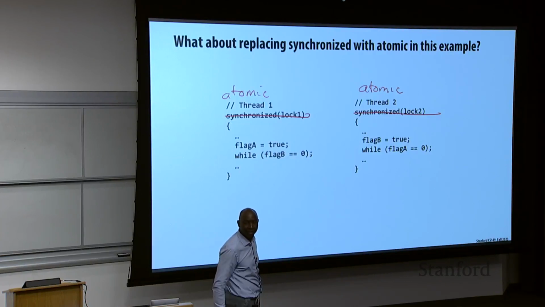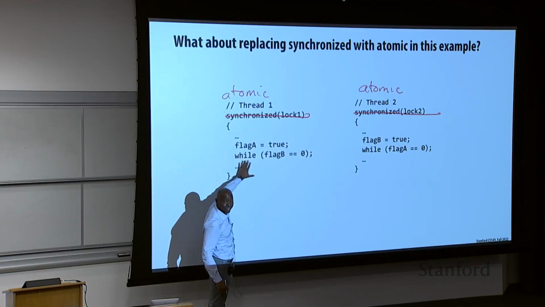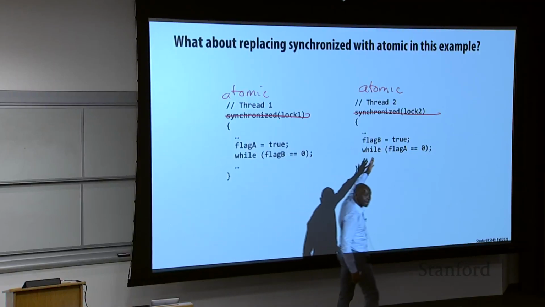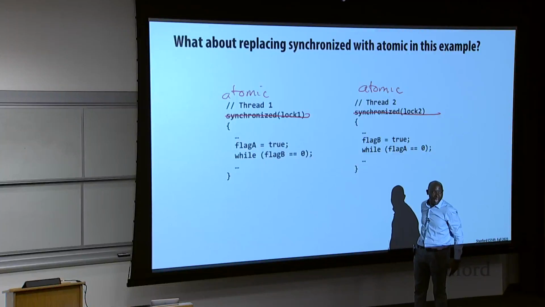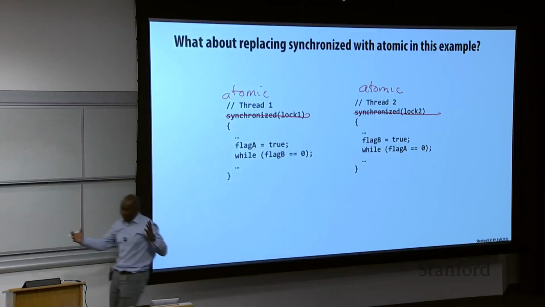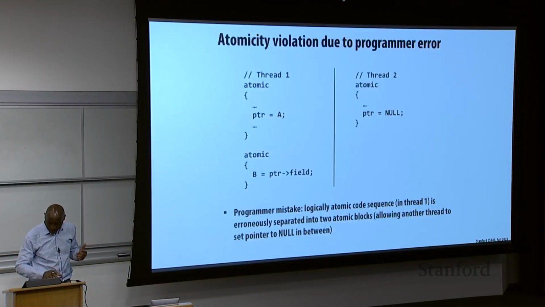Yeah. It says that we can't observe the writes. We can't observe the writes, so we will never see anything that comes out of this transaction before it commits. And the same for this transaction. Therefore, we're not going to get any forward progress with this code. Okay, so this is a case where replacing synchronized with atomic won't work.